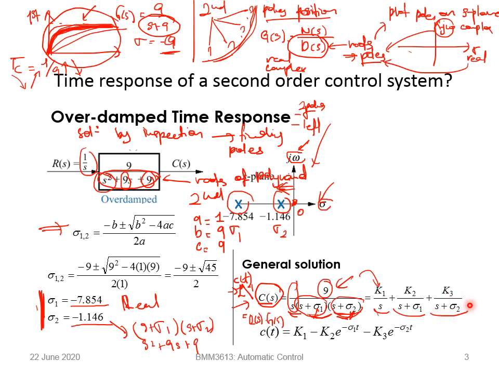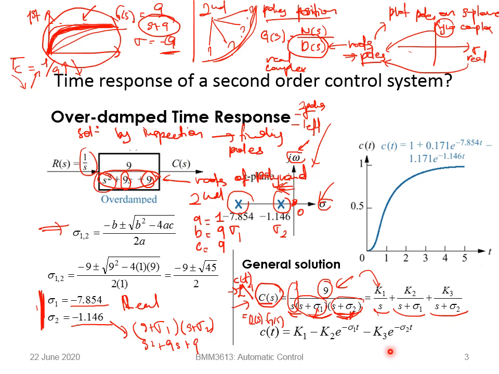So this will introduce the exponential part, and by inspection, they are basically k2 e to the minus sigma 1 t and k3 e to the minus sigma 2 t, right? So this is the general form of the time response of this kind of second order transfer function.